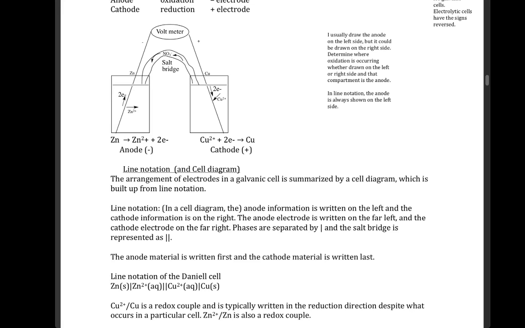When I draw a cell diagram, I usually put the anode compartment on the left and the cathode compartment on the right, just because that's the way it has to be in the line notation. But it could easily be the other way around in the cell diagram. When we draw line notation, though, it is always anode on the left, cathode stuff on the right.